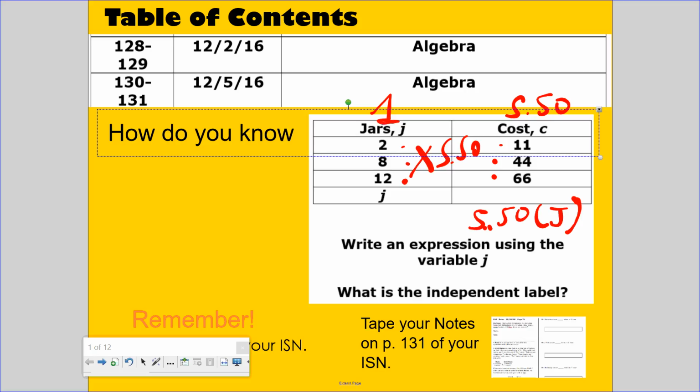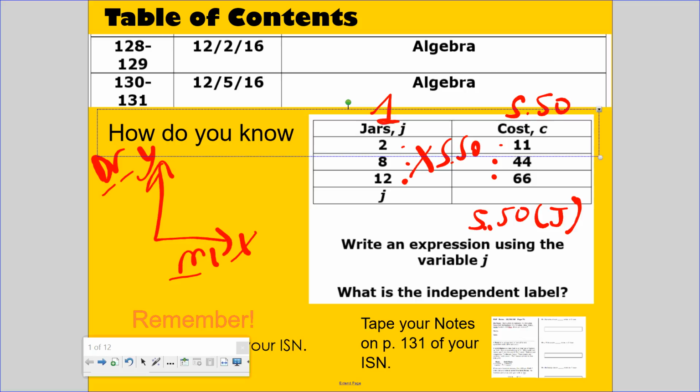What is the independent label? If you remember from science class, this is the x-axis, this is the y-axis. You can manipulate the independent, and because of that, the dependent will respond to it.